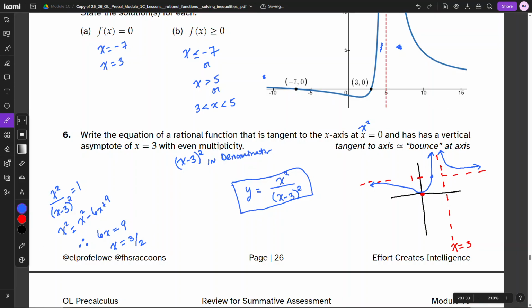So there we have our graph, right? We could have asked you to draw the graph, but here we're just saying, come up with something, and what do you get?